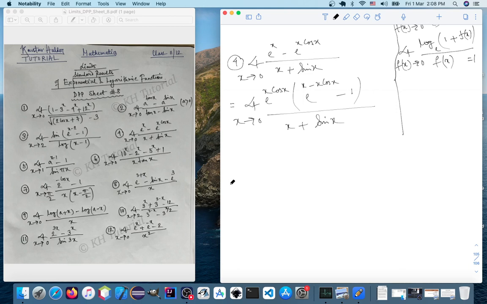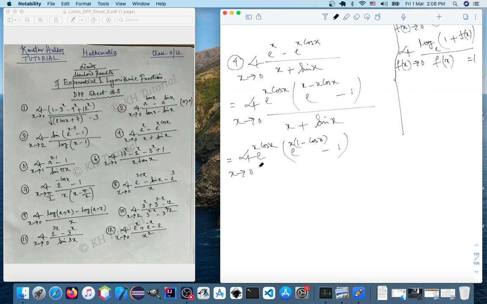Now the first thing we must do is complete the form of the standard result. Basically this is x, we could take common 1 minus cos x.